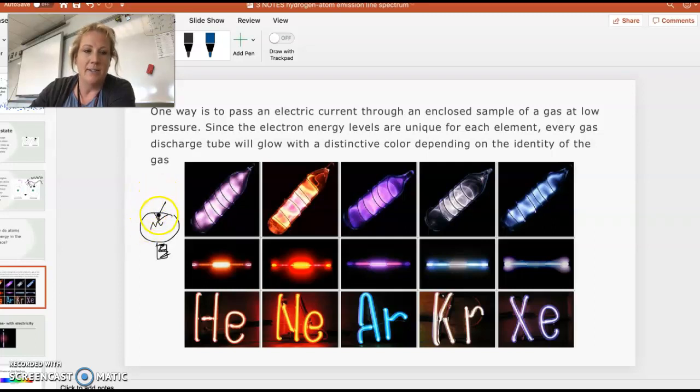This is an incandescent light bulb. That works in a different way. It actually just glows that color, but the other ones that have a gas in them, the electricity is causing the electrons to move out, become excited, come back down, and when they come down, that color is what we see.